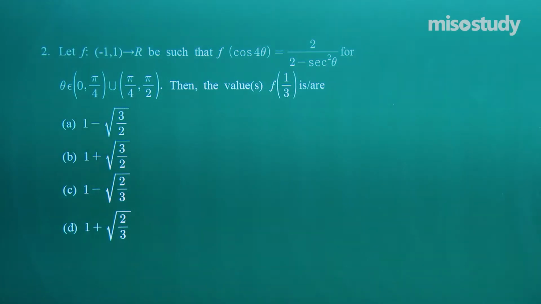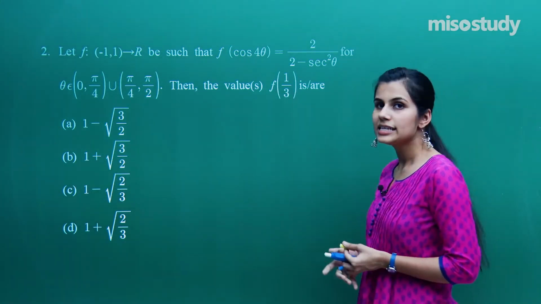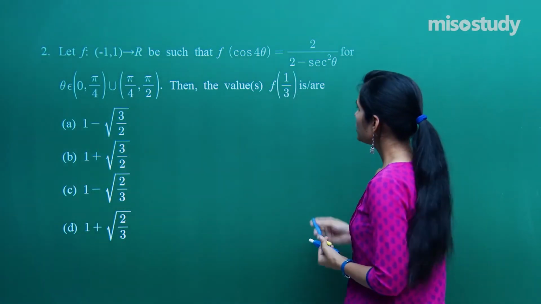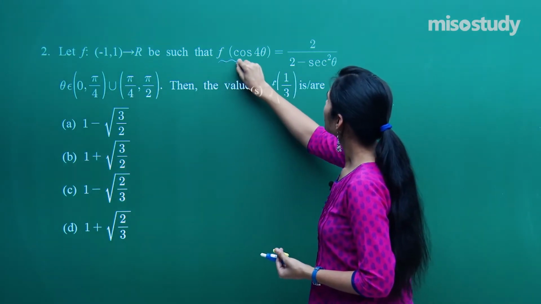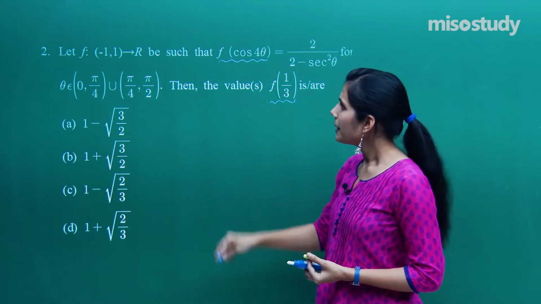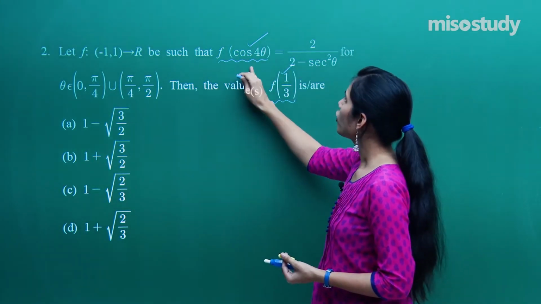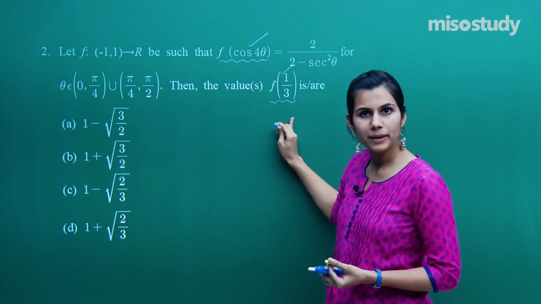Further, the question says then the value or values of f of 1 by 3 is or are what? Now see, it's given f of cos 4 theta, asked is f of 1 by 3. That means cos 4 theta has to be equal to 1 by 3 for f of cos 4 theta to be equal to f of 1 by 3.